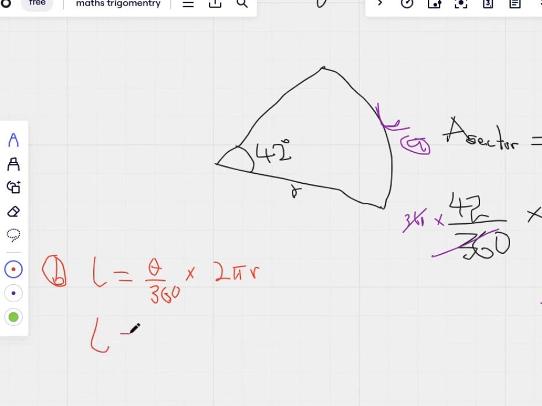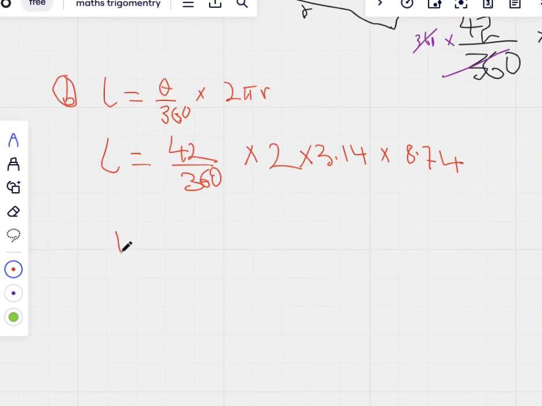So length of an arc will be 42 over 360 times 2 times 3.14 times the radius we got, which is 8.74, right?